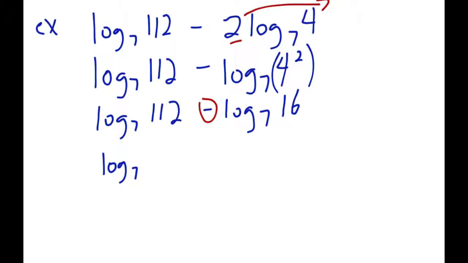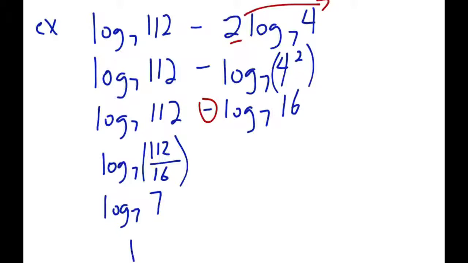So we can rewrite it as 112 divided by 16. And 112 divided by 16 is 7. So all of this will simplify down to log 7 of 7. What is log 7 of 7? We know that'll cancel and just be a 1. So all of the work for this question, we boiled down to the answer of just being 1.